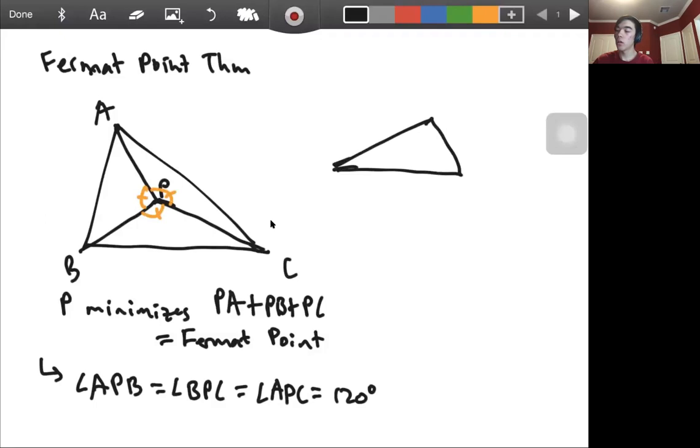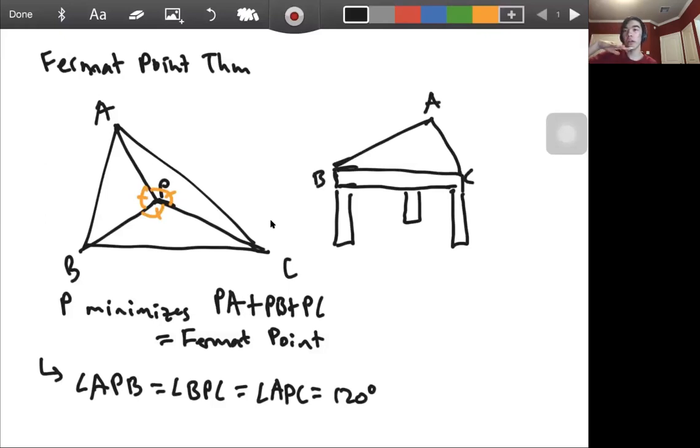So imagine a triangular table with legs, sitting on the floor. Now the triangle is horizontal, so there's no change in length. I'm going to install pulleys here.